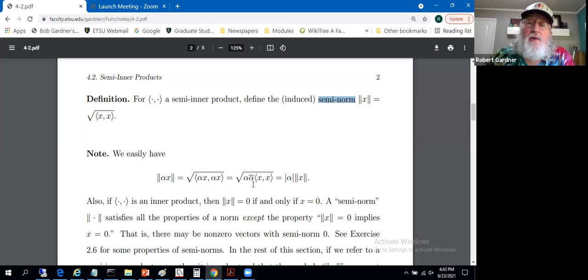Well, that's the modulus of alpha squared. The square root symbol will produce the modulus of alpha. You're left with the inner product of x with itself, and that by definition is the semi-norm of x with a square root. So we get scalars to come out of semi-norms induced by inner products as they should. The scalar property holds for this alleged semi-norm.